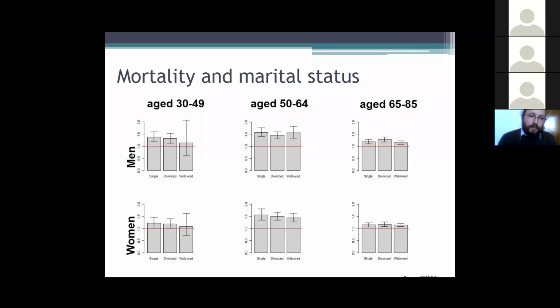What you can see are the relative risks, with the married being the reference group represented by the red line, and for all 3 age groups we can see that the non-married individuals have indeed a higher mortality rate than married individuals.